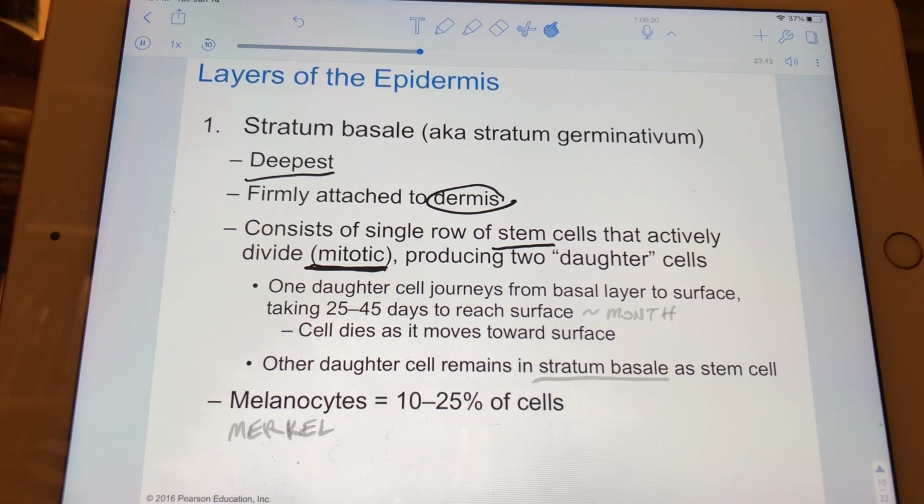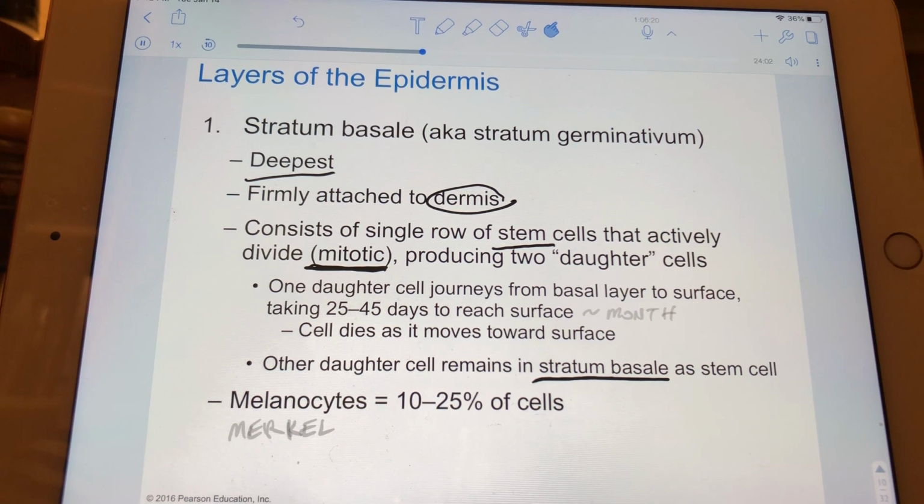One of those daughter cells will stay behind and simply replace the parent, okay, act as a new stratum basal cell, and the other will be pushed toward stratum spinosum, and then stratum granulosum, and then stratum corneum, okay?